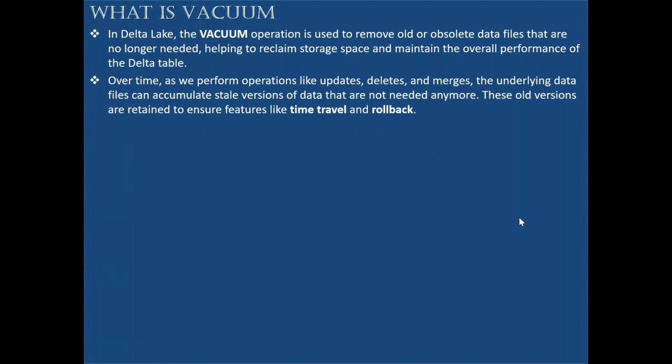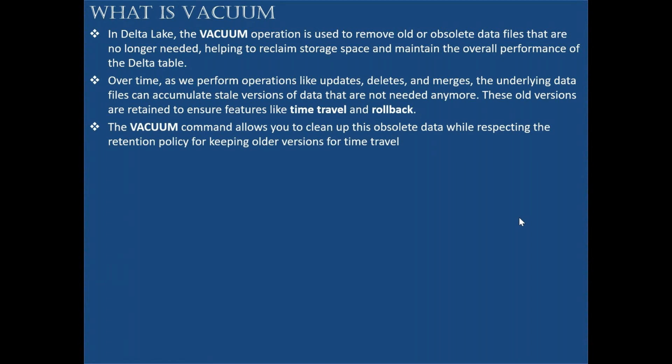These older versions are retained to ensure features like time travel and rollback. But the time travel and rollback we are doing is up to 7 days, so we don't want the files which are older than 7 days. That's where vacuum performs the operation to clean up files which are older than 7 days.